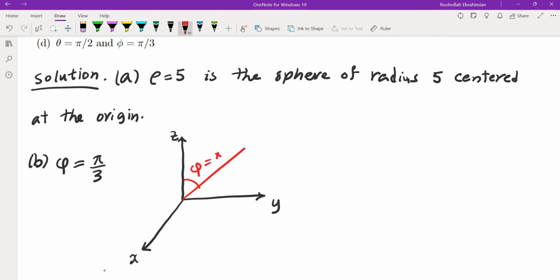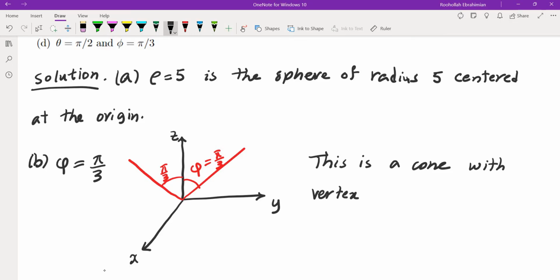So this angle would have to be pi over 3, and that means you can take this angle of pi over 3 and rotate it about the z-axis. So this is a cone with vertex at the origin 0, 0, 0 that opens up.